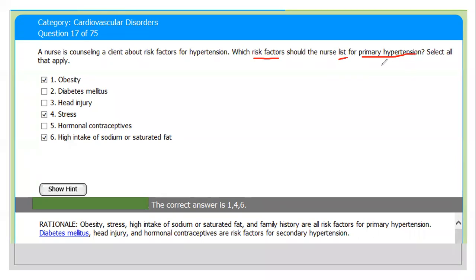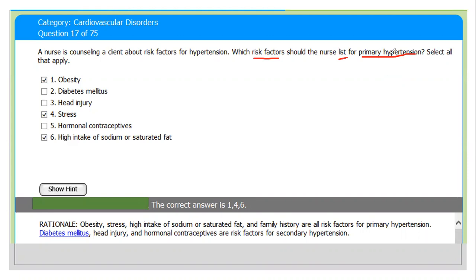First of all, I have to know what primary hypertension is and what secondary hypertension is, right?